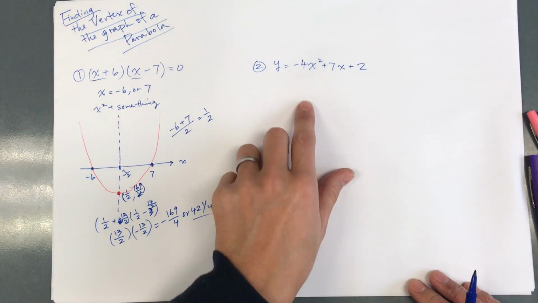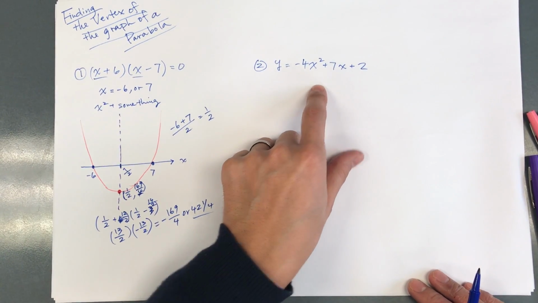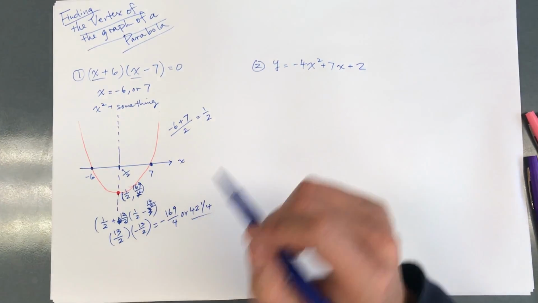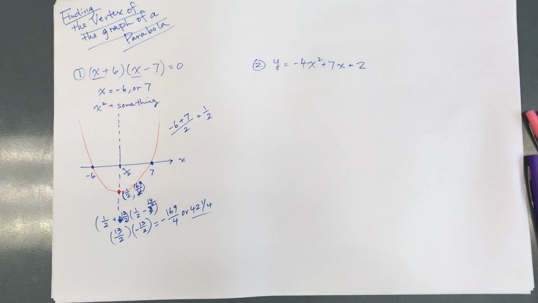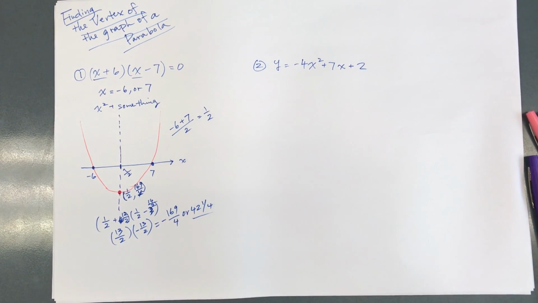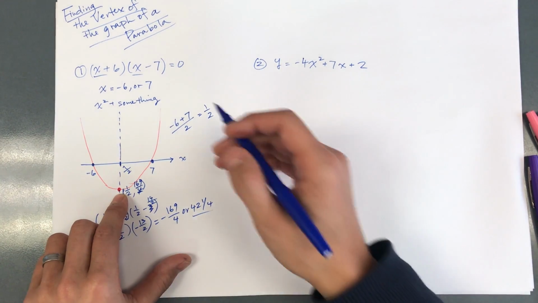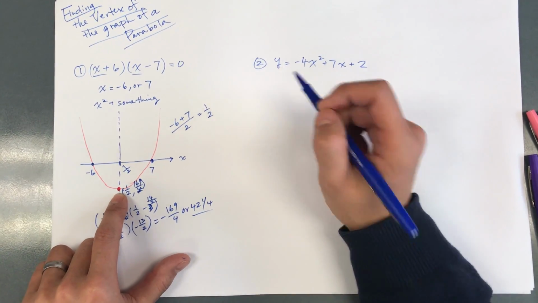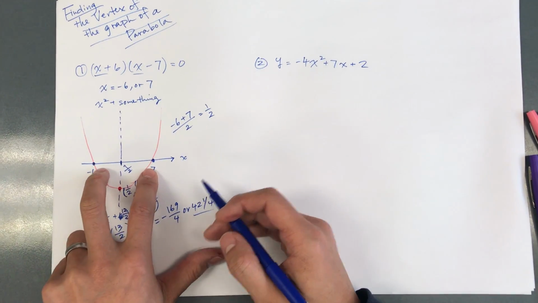So what if we have a different form like this? We can use the fact that the vertex of the parabola is at the average of the two roots.